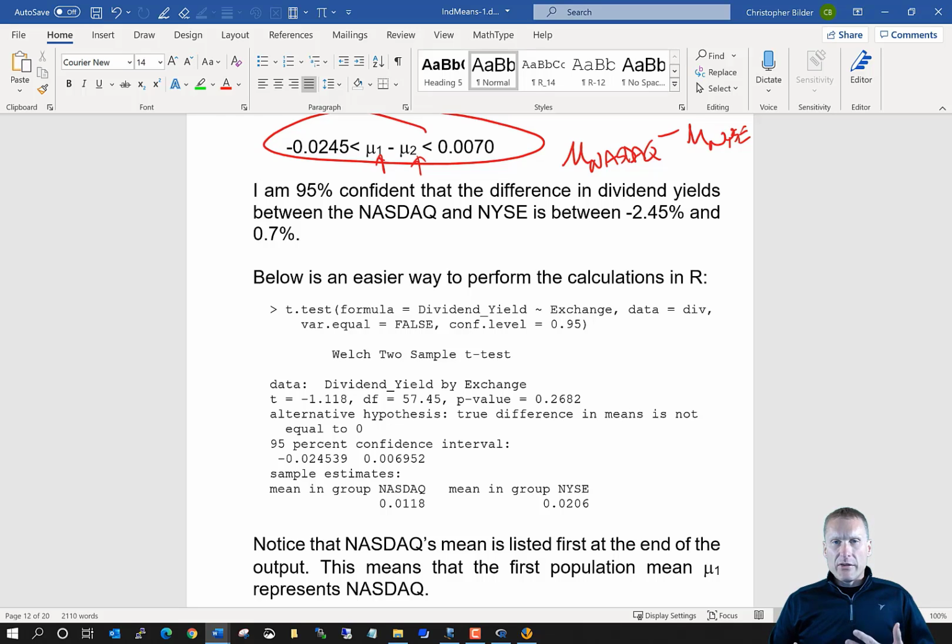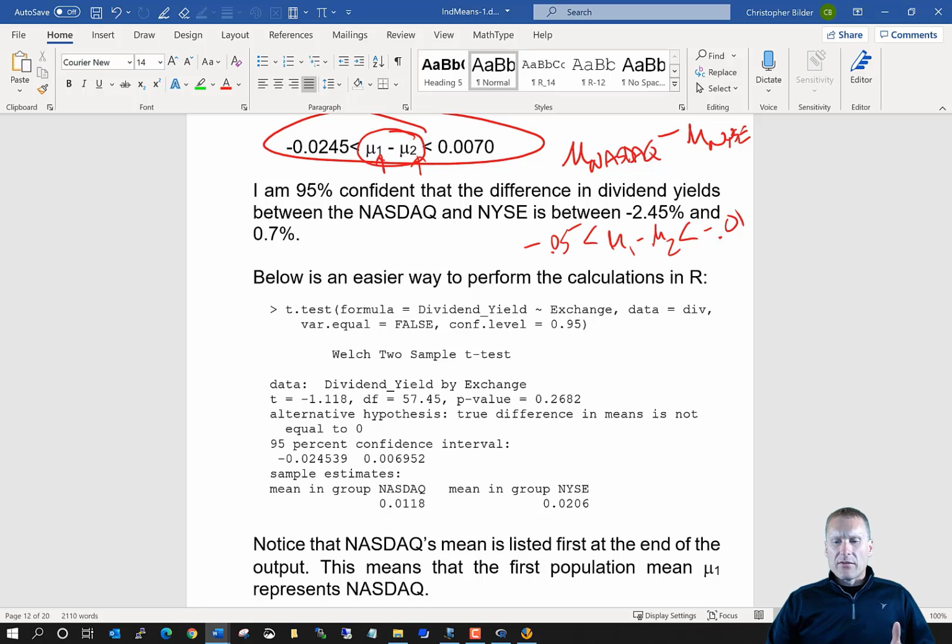Another reason you need to remember what 1 and 2 are: let's say the interval was negative 0.05 less than mu1 minus mu2 less than negative 0.01. Notice how that entire interval is now less than 0.